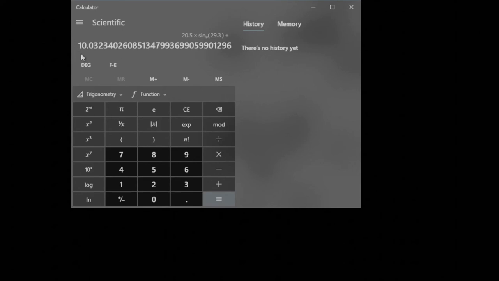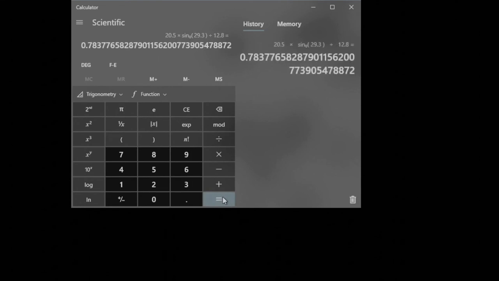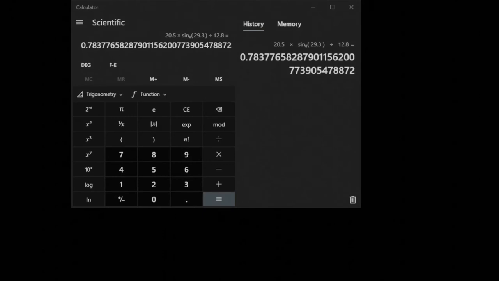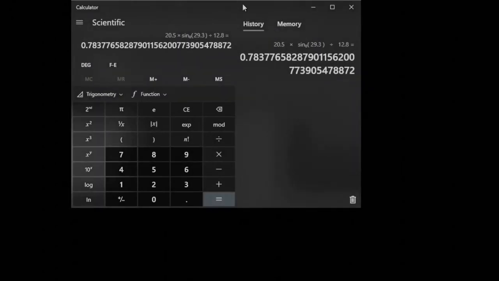You can see that it's already giving me 10. So 10 divided by 12.8 is going to give me a number smaller than 1, between 0 and 1. So 0.78, and I'm going to use 4 decimal places: 0.7838.